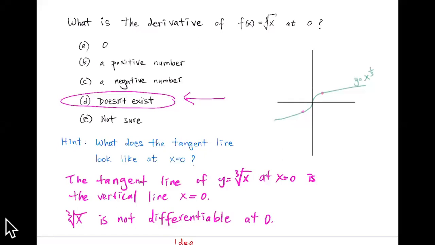Next, we will talk about how to compute the derivative of the inverse function. One benefit of this is sometimes we cannot really compute the actual inverse function, but with what we're going to learn, sometimes we're still able to compute the derivative of the inverse function, even if the actual inverse function is hard to compute.